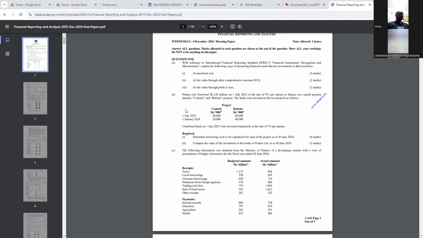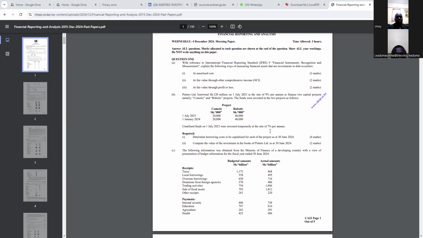So the examiner is requiring you to determine the borrowing cost to be capitalized for each period of the project as at 30th June 2024, and also, Roman 2, to compute the value of the investment in the books of Potters Limited as at 30th June 2024, coming to a total of 6 marks.